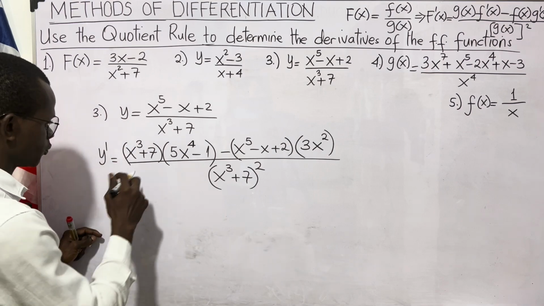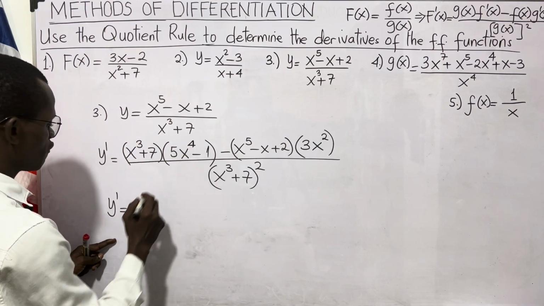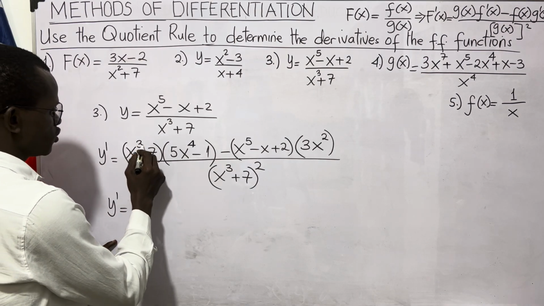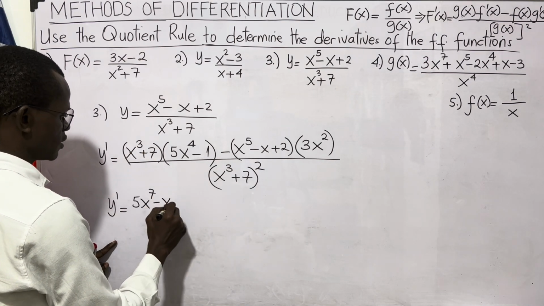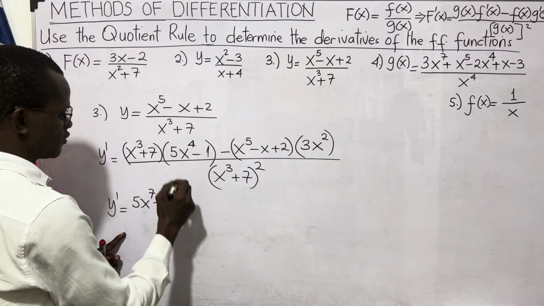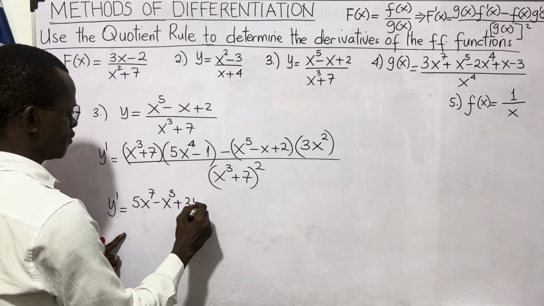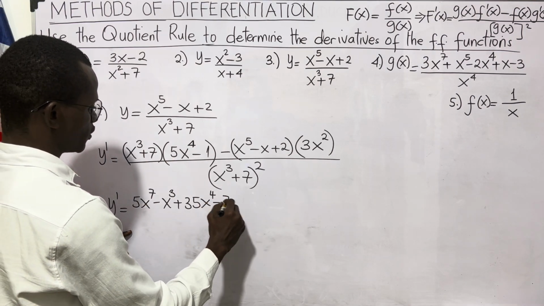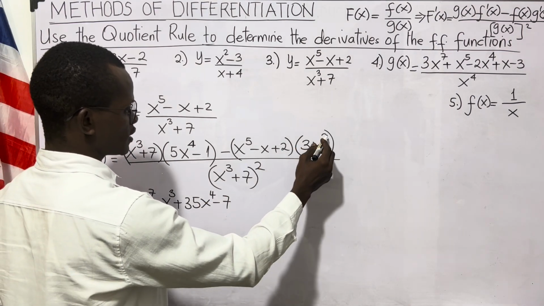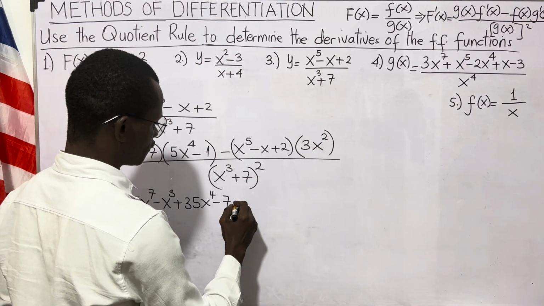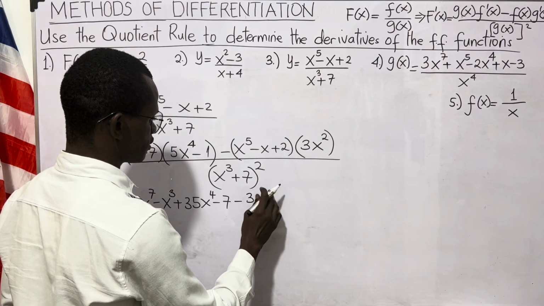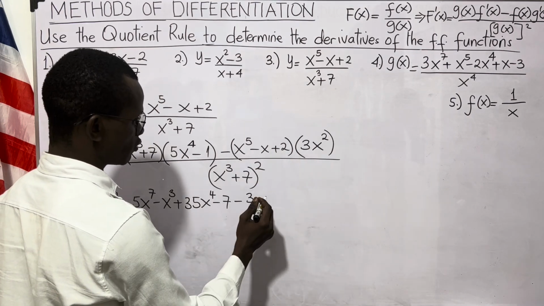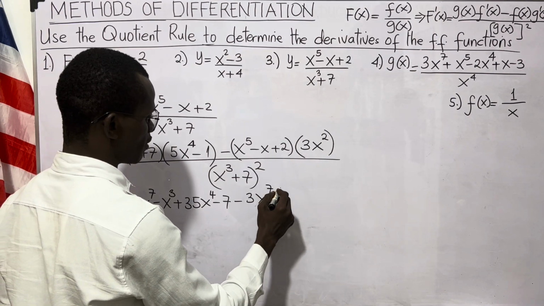So x cubed times 5x to the 4th power is 5x to the 7th power. x cubed times minus 1 is minus x cubed. 7 times 5 is 35x to the 4th. 7 times 1 is 7. Then minus 3x squared times x to the 5th power is 3x to the 7th power.